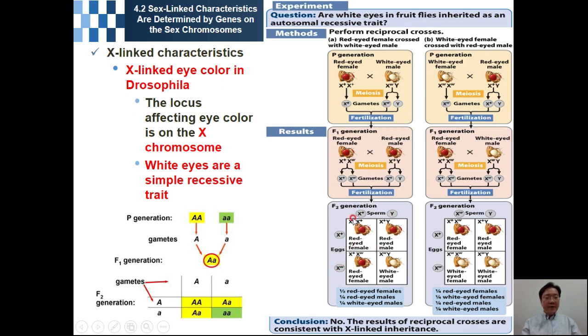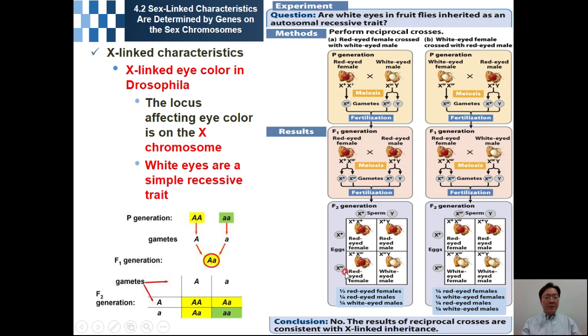In this square, X plus X plus is a red-eyed female. How about this one? This one is X plus Y, and the phenotype is red-eyed male.